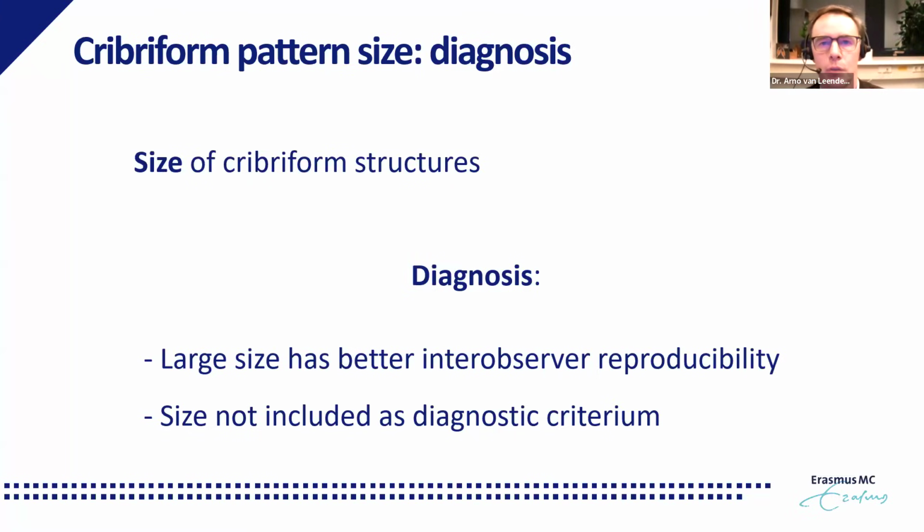But it is important to realize that according to current definitions of IDC and of invasive cribriform pattern, size is not a criterion. So cribriform pattern is defined as a contiguous atypical epithelial sheet without an adjacent stroma. So many of the tumor cells will touch other tumor cells and or lumina, but they will not touch the stroma.